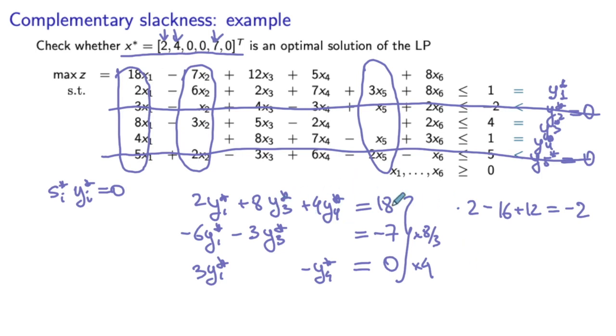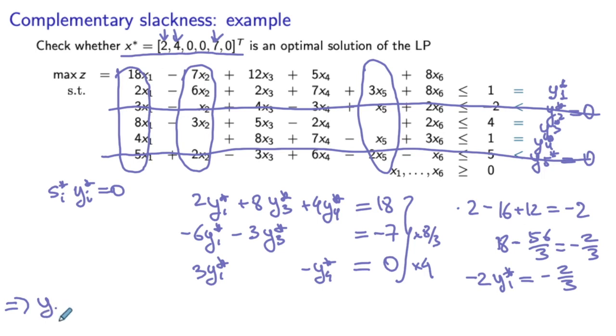All right. So then we just need to compute the right hand side. The right hand side is going to be 18 minus 56 thirds. 3 times 18 is 54, minus 56 thirds gives you negative 2 thirds. So we have minus 2 y1 star is equal to negative 2 thirds. So from here, y1 star is 1 third.